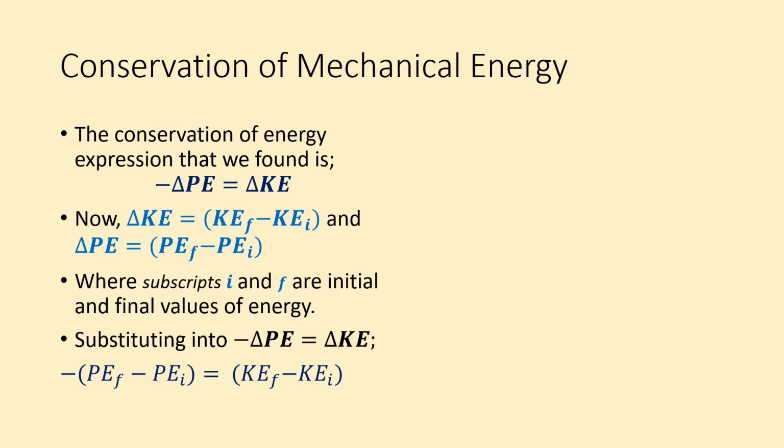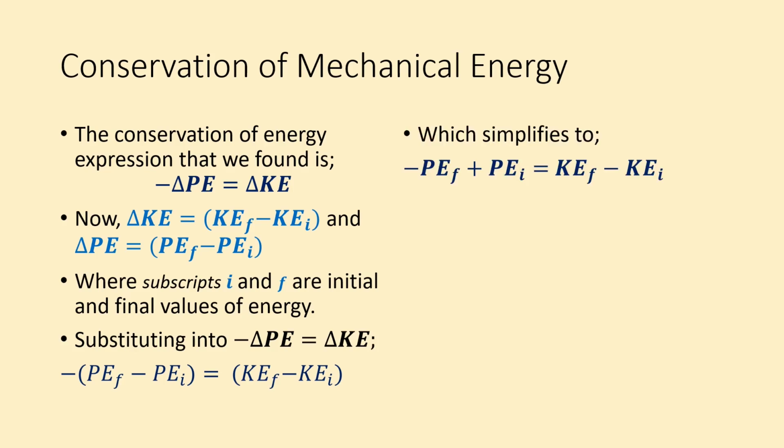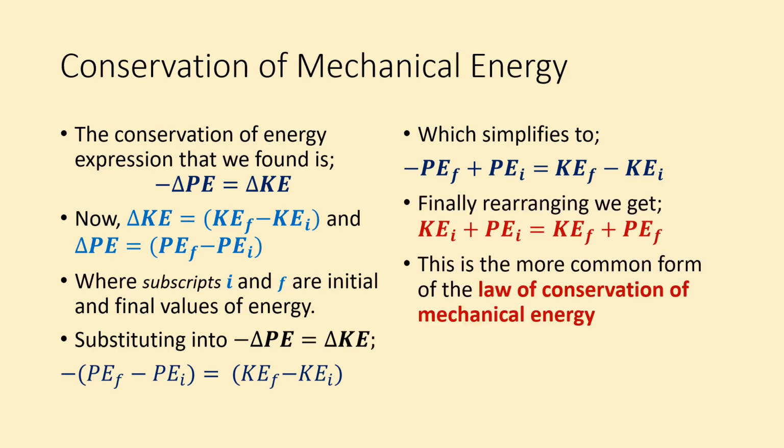Now if we take out the parentheses, so that we're able to simplify this expression further, we have minus PE_F. Of course, when we take the second PE out of the parentheses, it becomes a positive value, because negative 1 times negative PE_I gives you positive PE_I. So this is the expression that we have.